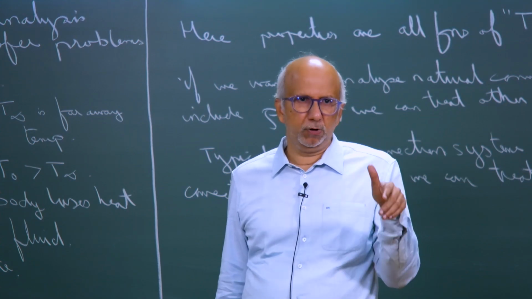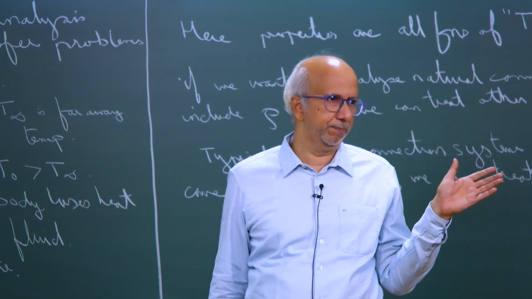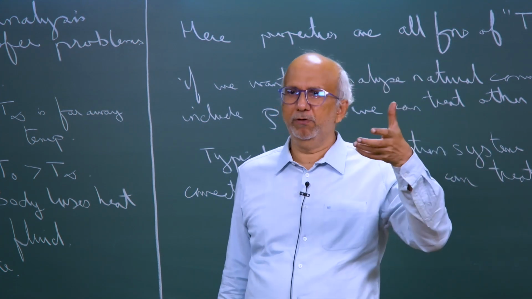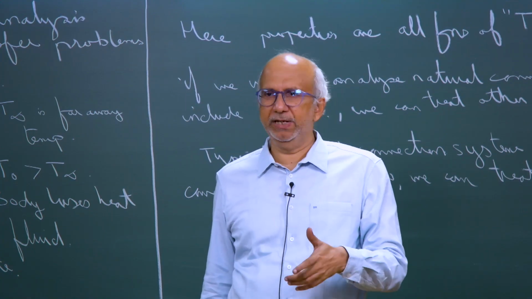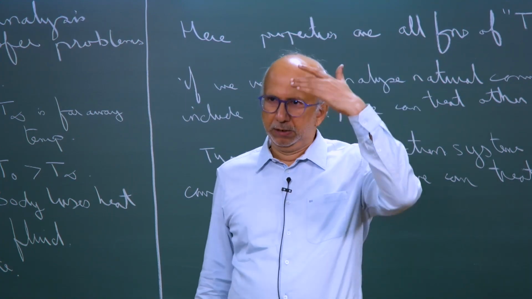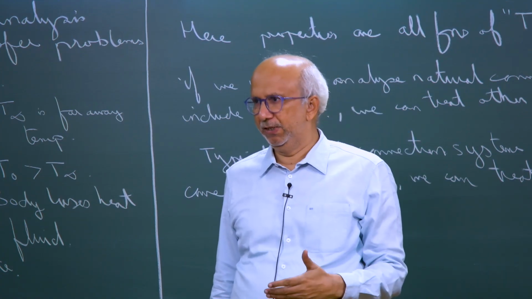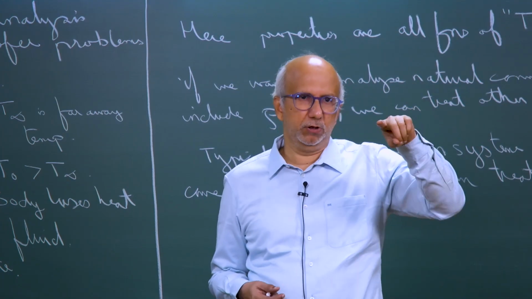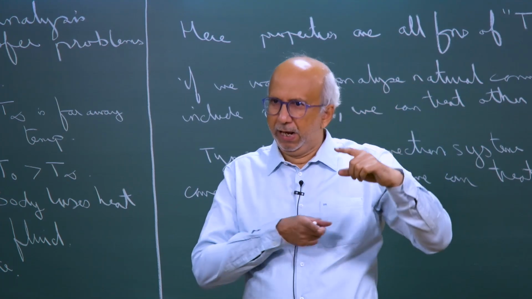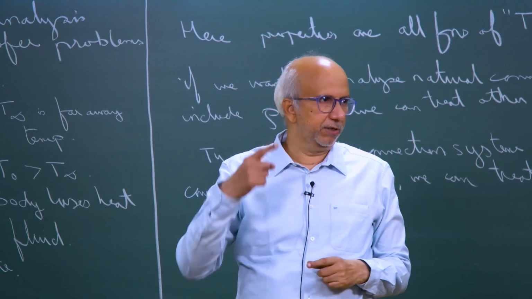When I assume the properties are constant, I can solve for the velocity flow field, and then I can use that velocity flow field in my energy balance equation. Otherwise, I have to solve for the momentum equation and the energy equation all together simultaneously, because in the momentum equation I have density, I have viscosity, that is a function of temperature, and the energy equation has temperature. So, everything has to be solved together. Okay.